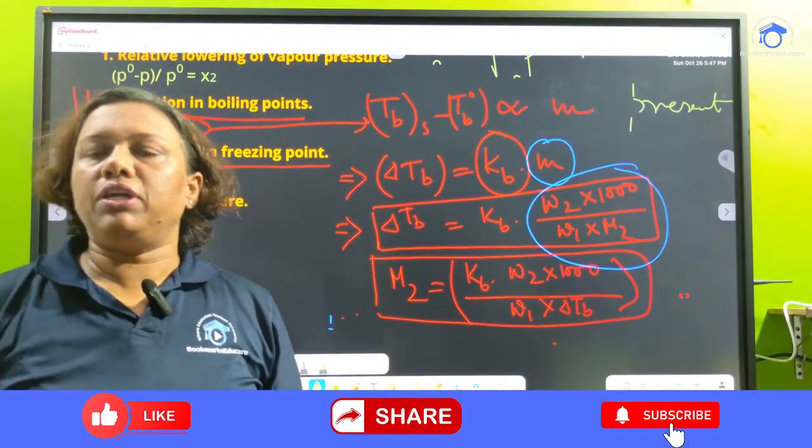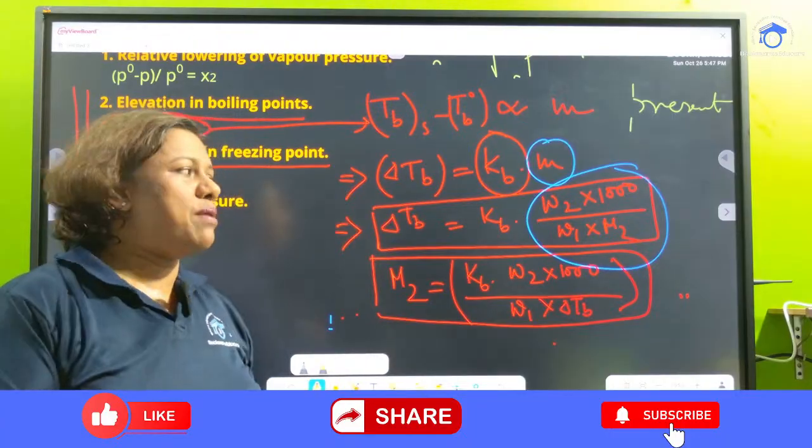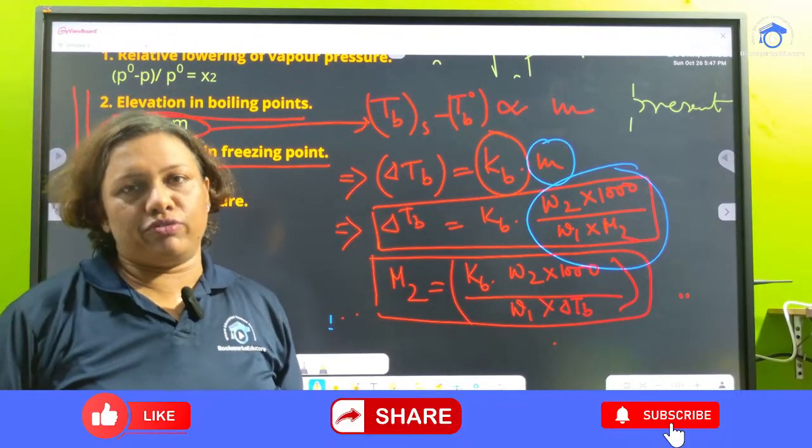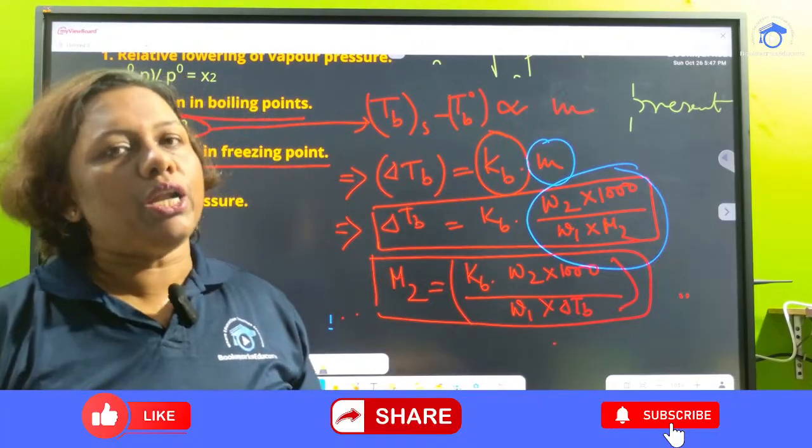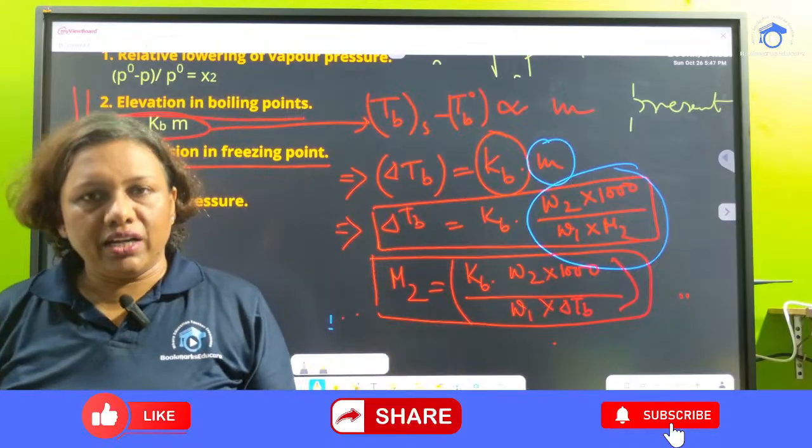Okay, and in case of depression in freezing point, the same B will be replaced by F. All parameters are same. The depression in freezing point is directly proportional to the molality of the solution.